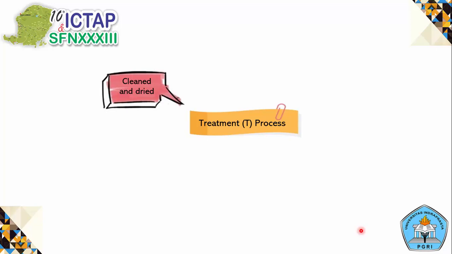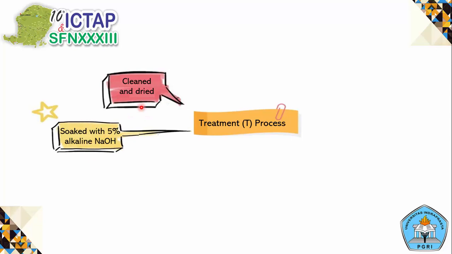Which is the treatment process of Agave americana? Agave leaves that have been cut from the tree were cleaned of dirt and dried at room temperature for 2 days. And then the leaves were cut into pieces 15 cm by 3 cm in size. Then soaked in 5% alkaline sodium hydroxide solution for 30 minutes.